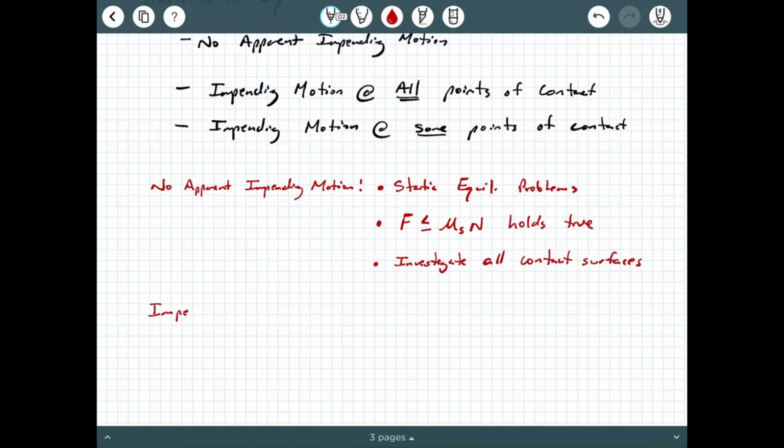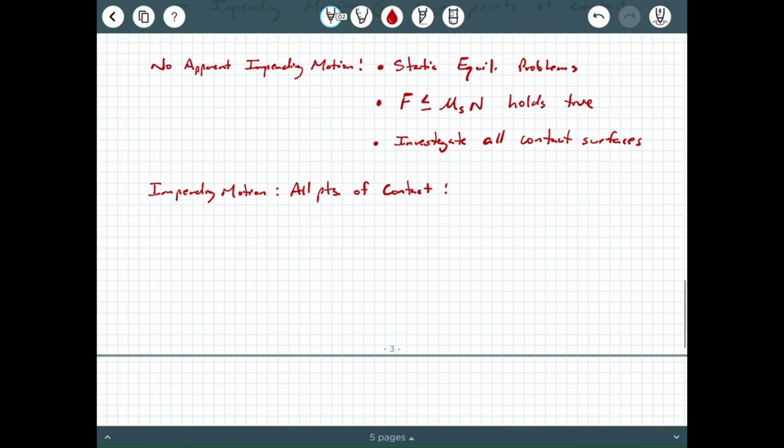Now, what about the next case? We have impending motion at all points of contact. What do we mean by this?